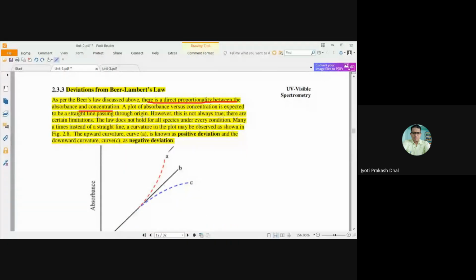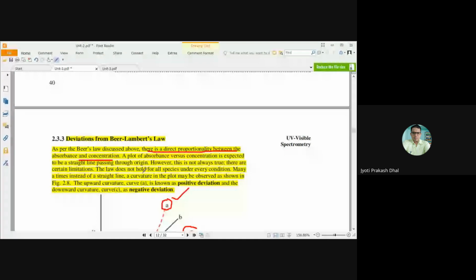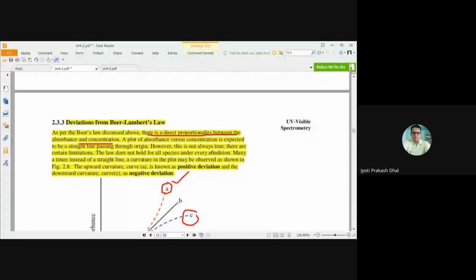Positive deviation will give the graph A, and the negative deviation will give the graph C. So the upward curvature of the curve is known as positive deviation, and the downward curvature of the curve is known as negative deviation. So this type of positive or negative deviations will be there.